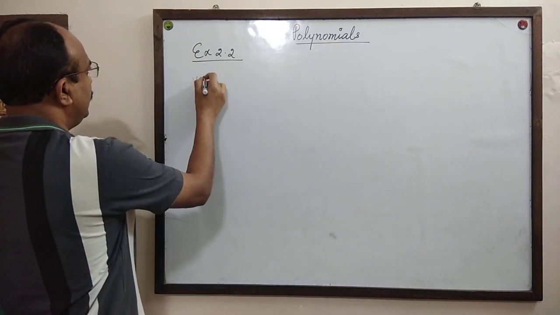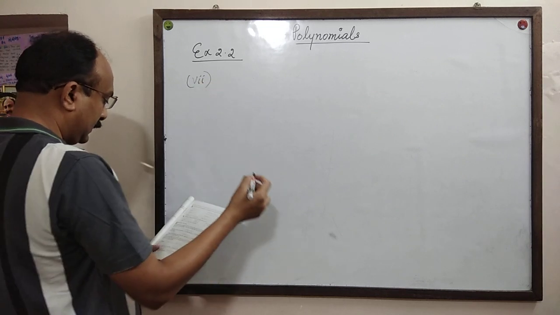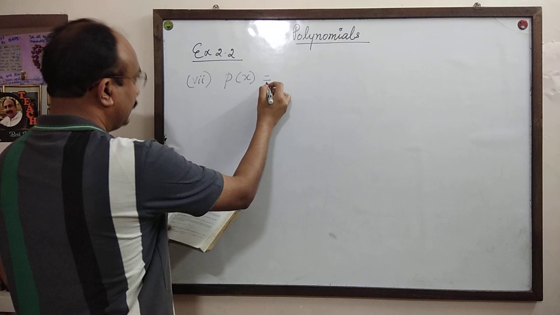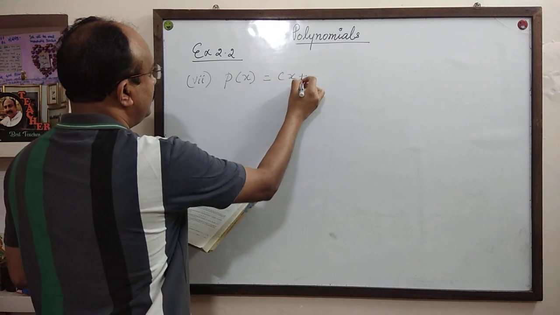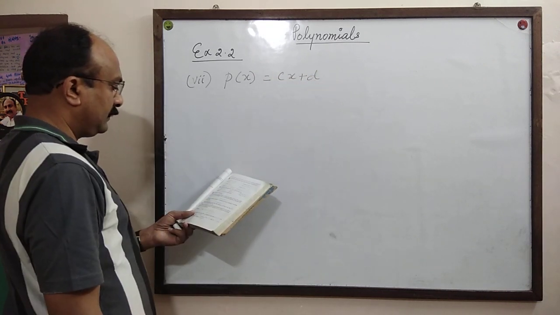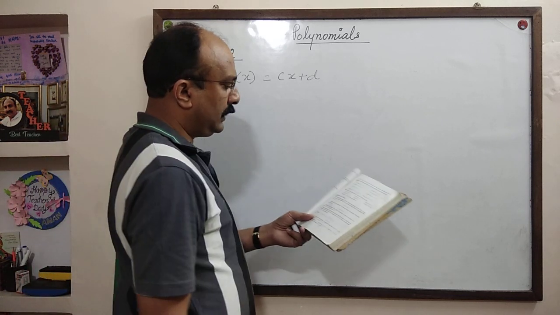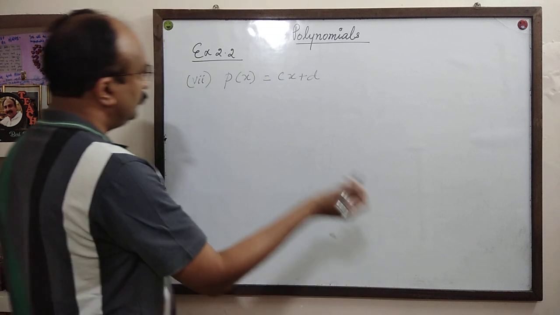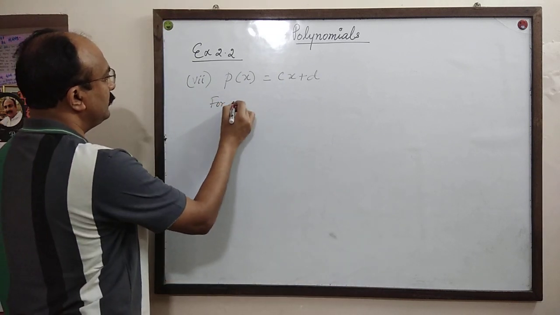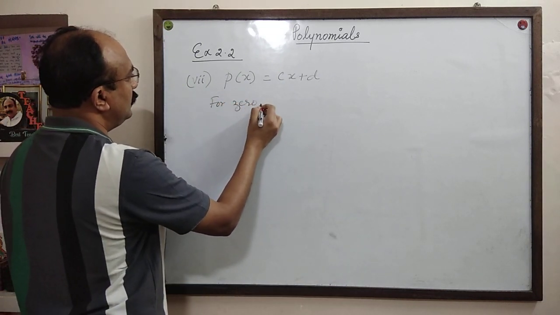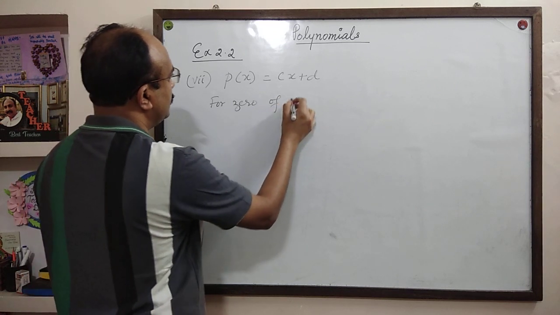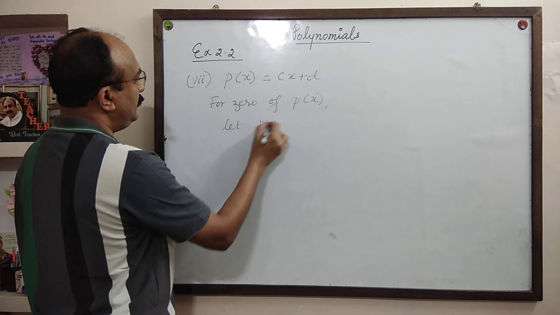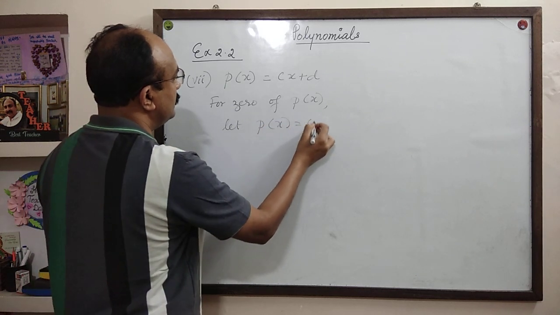Question number 7 is p(x) equal to cx plus d, where c not equal to 0, c and d are real numbers. So for the 0 or zeros of p(x), let p(x) equal to 0.